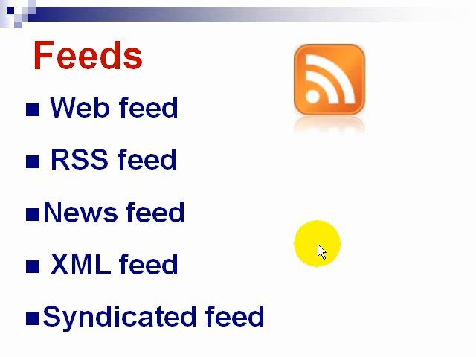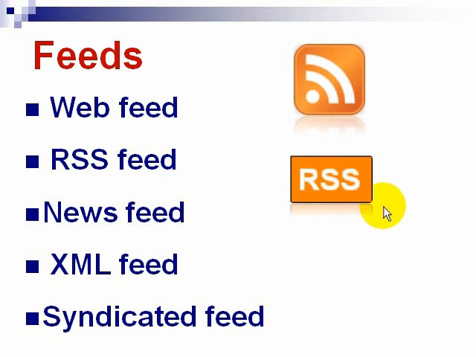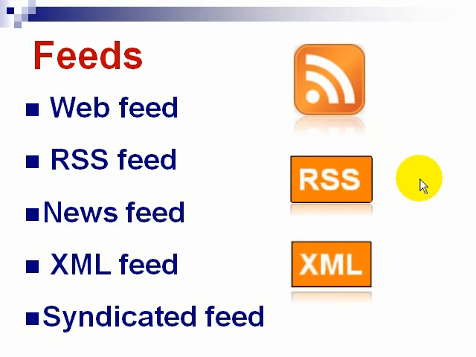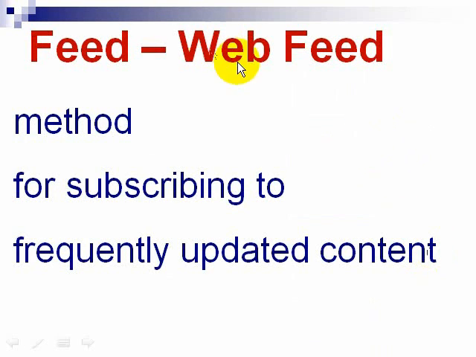Essentially, they all mean the same thing, and they are all associated with the universal feed icon, or with the RSS icon, or the XML icon. So, any mention of any of the above leads us to a feed or a web feed. So, a web feed is a method for subscribing to frequently updated content.